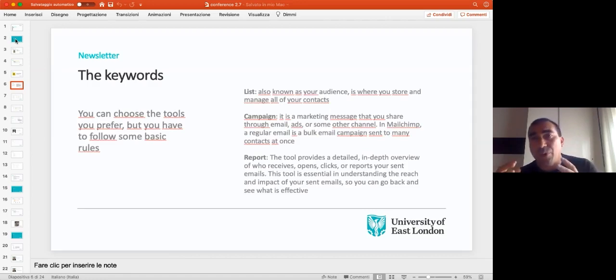So you need to create, and this is the most important part, a list of people that could be interested in your information. Newsletter is made for sending information, and people are looking for information. So we need to find the right people for the right newsletter.